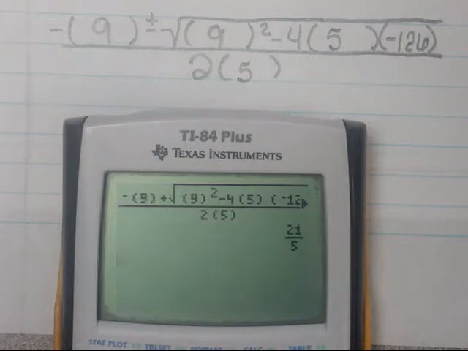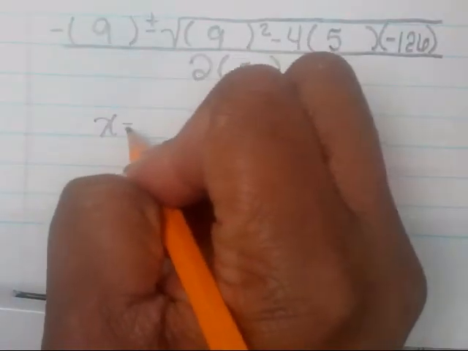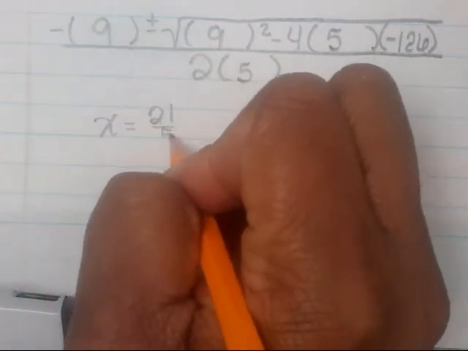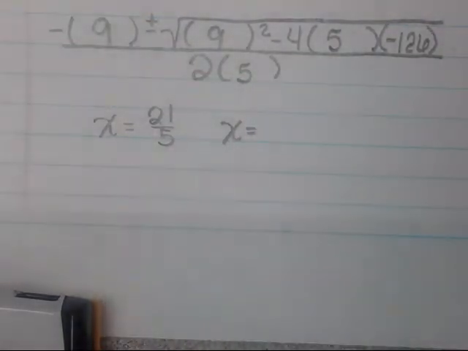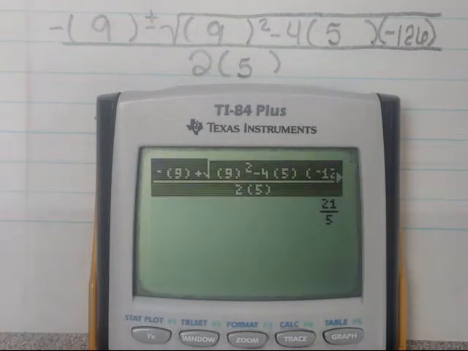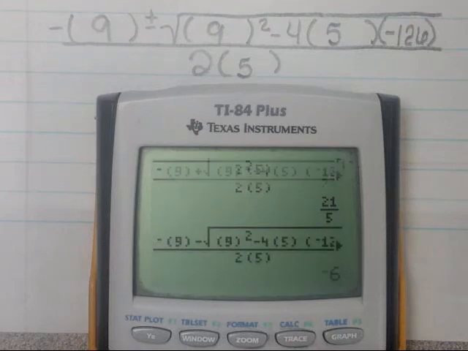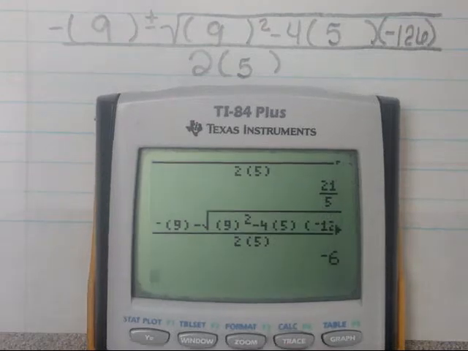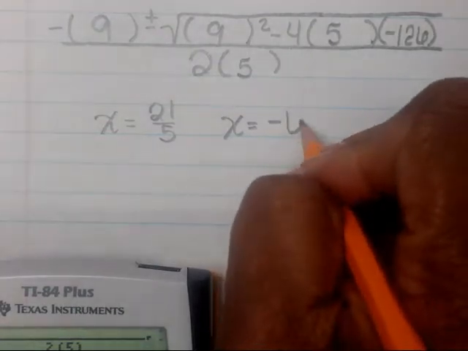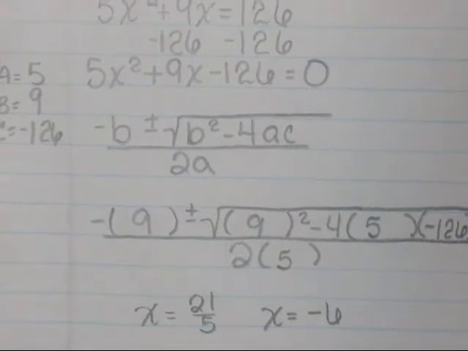And my first solution is x equals 21 over 5. For my next solution, going back to the calculator, I'm going to go up and highlight, hit enter, and then I will go back and change the plus to a minus for the second solution. And it is x equals negative 6. I have now solved question number 2.